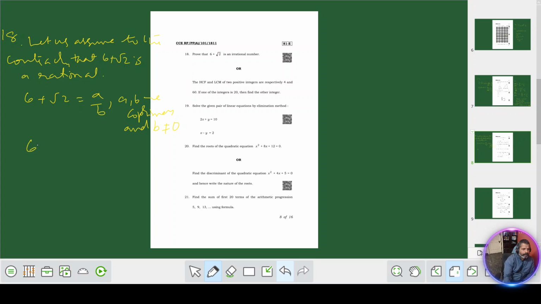Once you do this, 6 plus root 2 is equal to a by b. Solving for root 2, you get a by b minus 6, which is, once you take the LCM, (a minus 6b) by b.